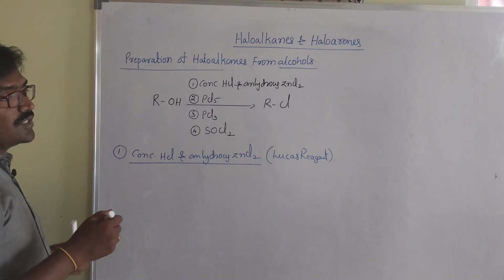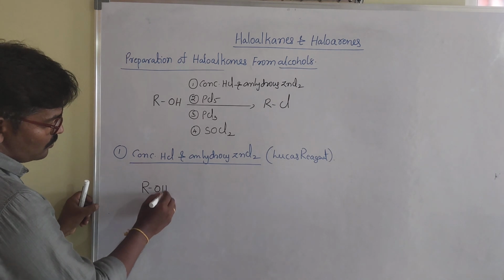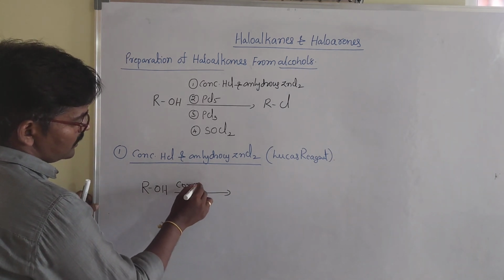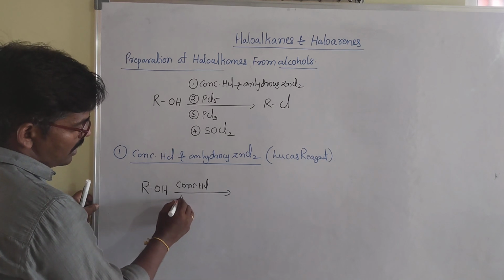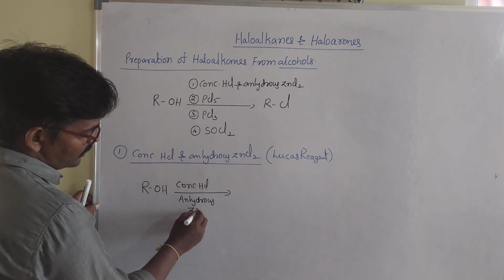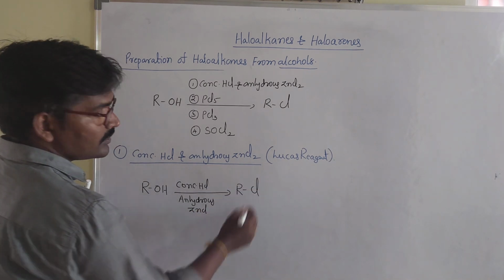How does it convert? Alcohols we are taking, R-OH. If we use concentrated HCl and anhydrous ZnCl2, it will be converted into R-Cl.